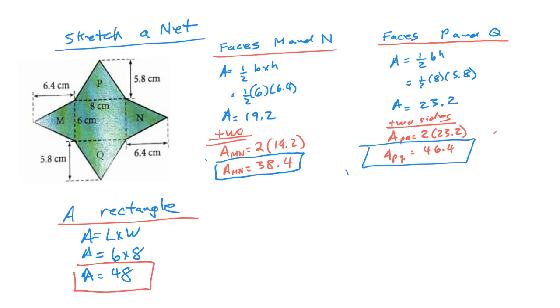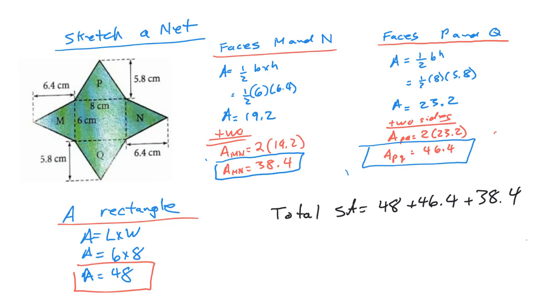And the total surface area. So notice, we need to calculate a total. The total surface area is equal to the following. So you've got your 48 from here. You've got your 46.4 from here. Plus the 38.4 from here.